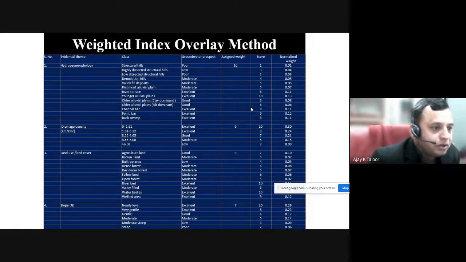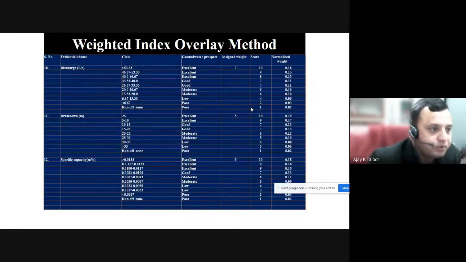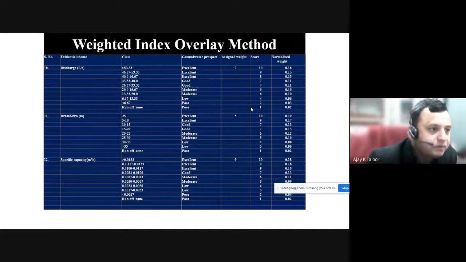In the same way, we have given scores to the different evidential themes like soil moisture, pre-monsoon and post-monsoon water table, land use land cover, slope, and soil texture map. In this particular area, discharge, drawdown, and specific capacity as well. All these layers we gave weightage, and then we plot all these things.